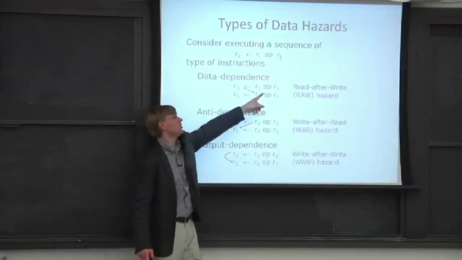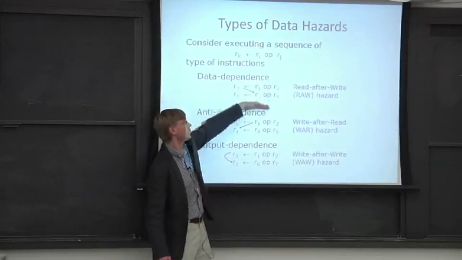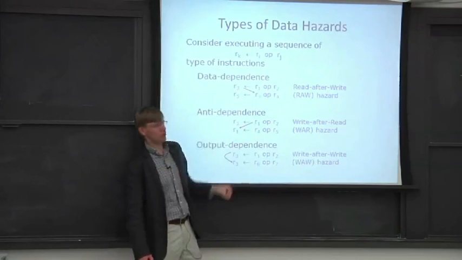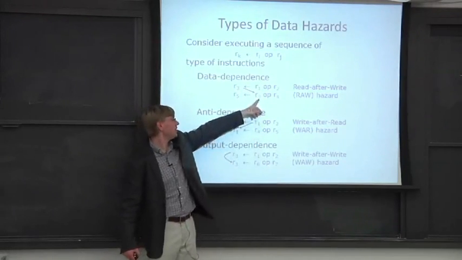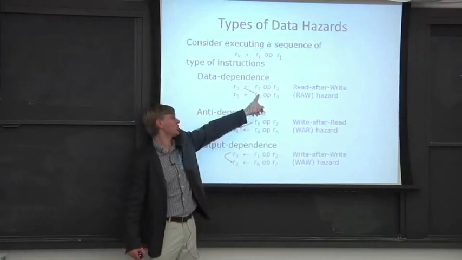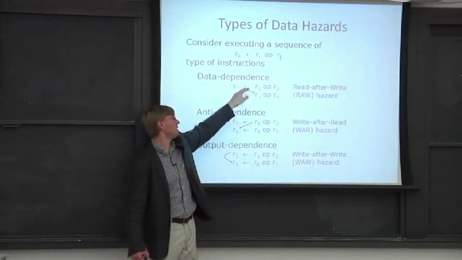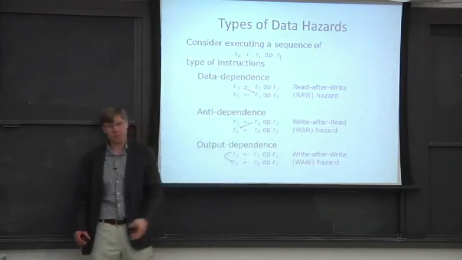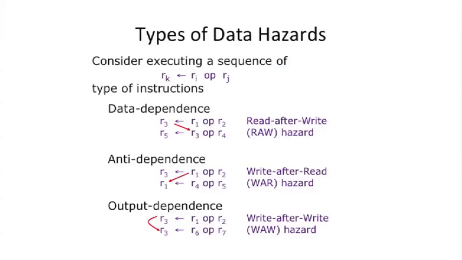In this example, if time goes down, this operation is going to store into register 3, and then this instruction is going to read from R3. So you need to make sure that this happens before that, because you need the value here. OK, so we talked about this already in our data hazards. This is the most classic data hazard, a read after write hazard.